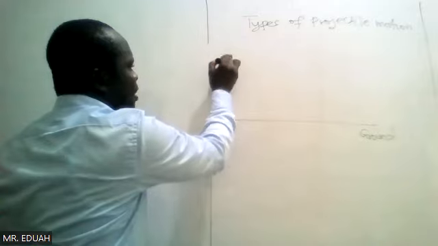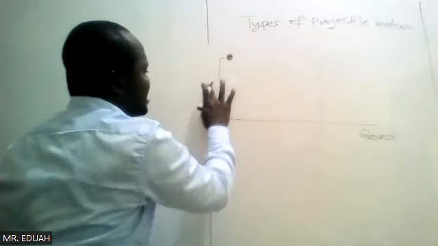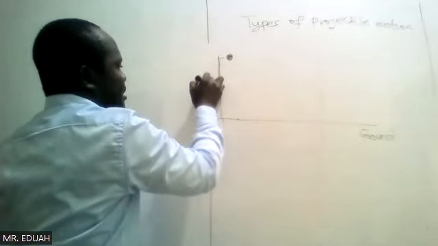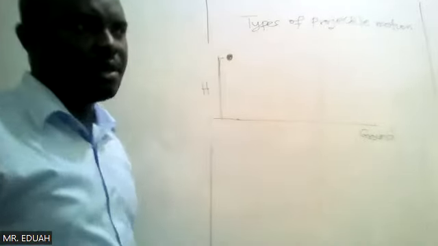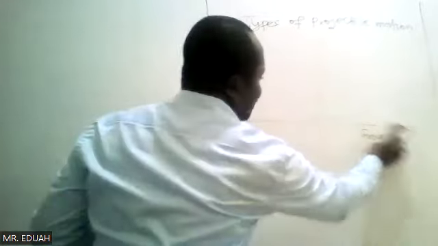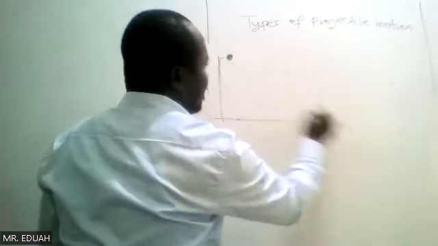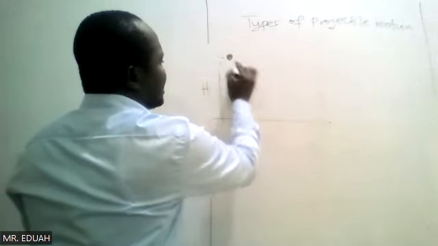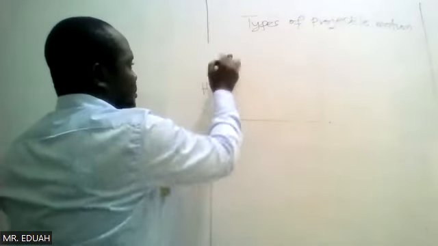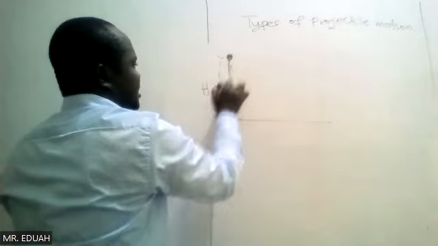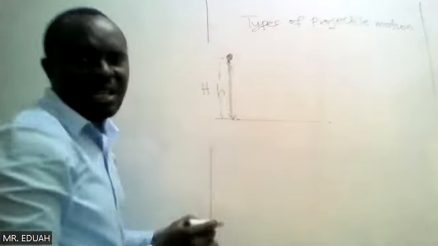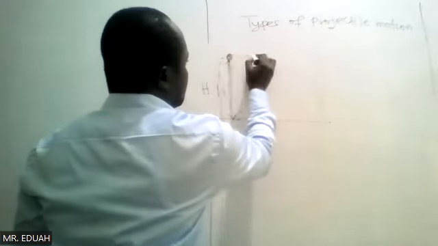From the object to the ground, there is a certain vertical height, h. So this object being projected is given an initial velocity. So this is h. There's the height h. The body is given an initial velocity u.